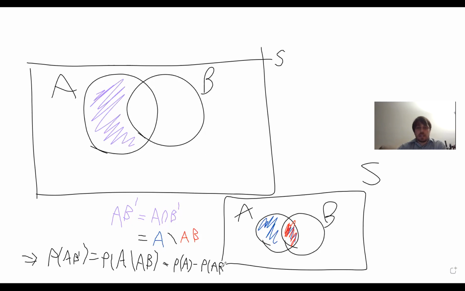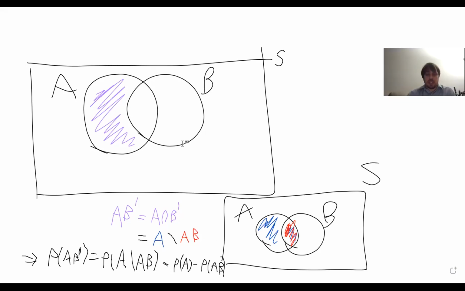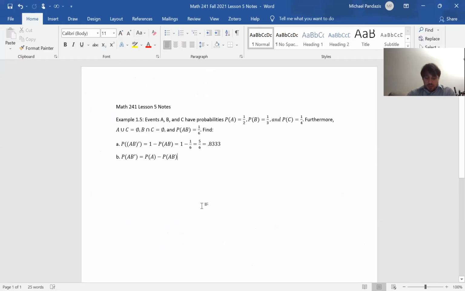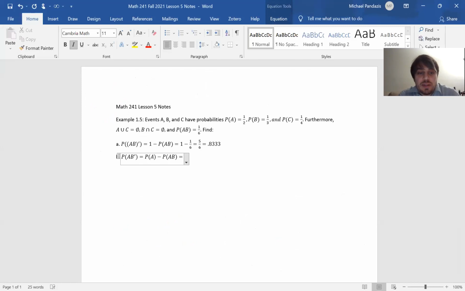Make sense? Okay, so the probability of AB prime is equal to the probability of A minus the probability of AB. And so then that's equal to, well, the probability of A was given as 1/2 minus the probability of A and B, which is 1/6. So 1/2 minus 1/6 is 3/6 minus 1/6, which is 2/6, which is 1/3.